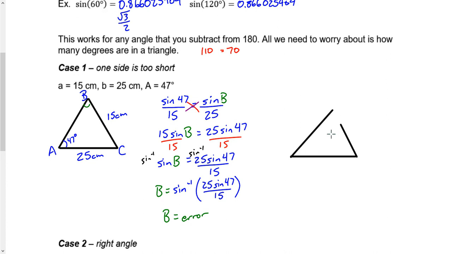And this is how it would actually look. Because we don't have a complete triangle, by definition, we do not have a triangle. So meaning we don't actually have any triangles.